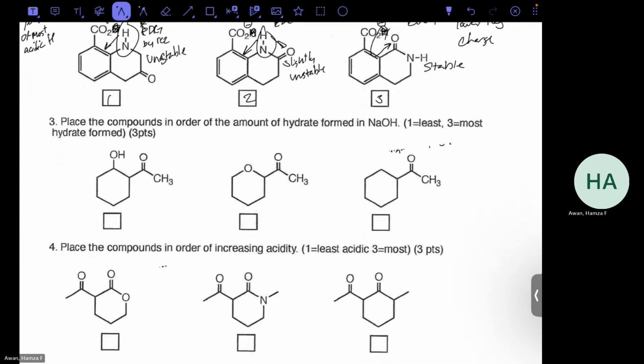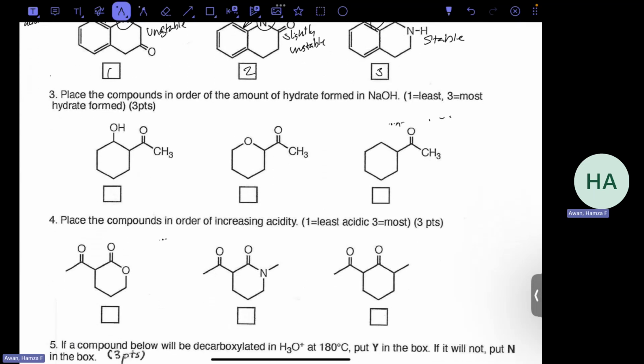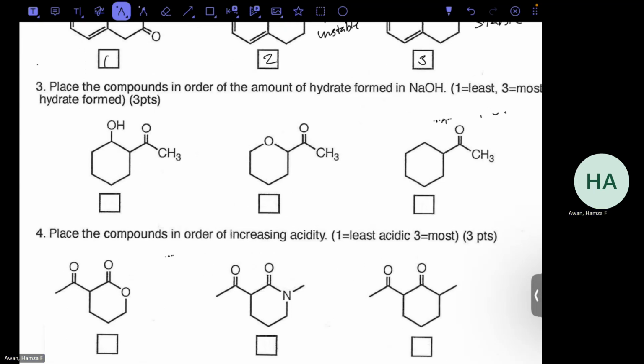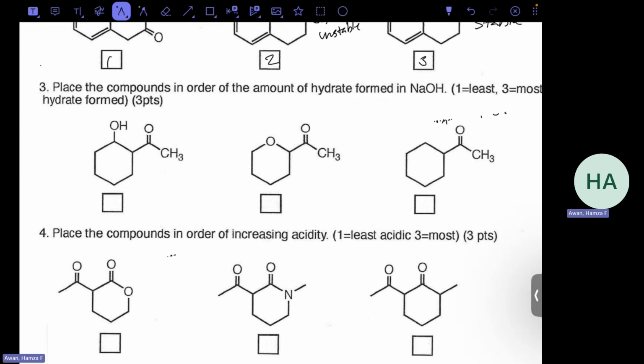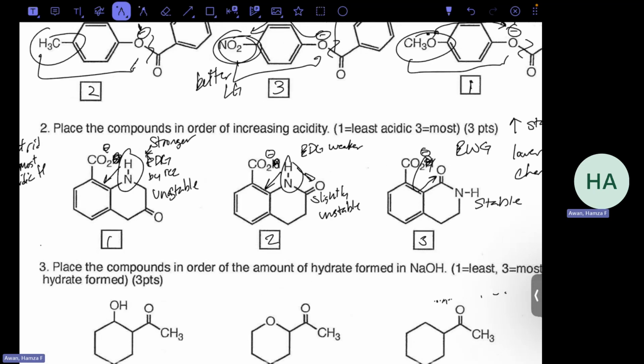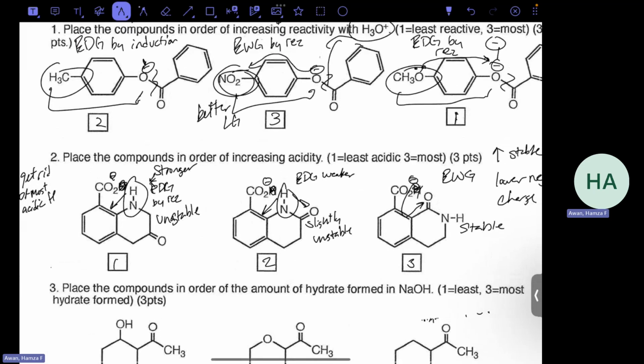All right. So place the compounds in order of the amount of hydrate formed in NaOH. On all of these problems, we focused on one singular part of it, right?